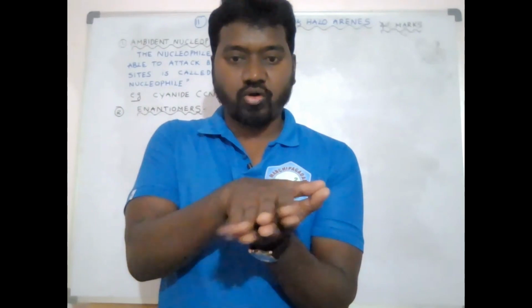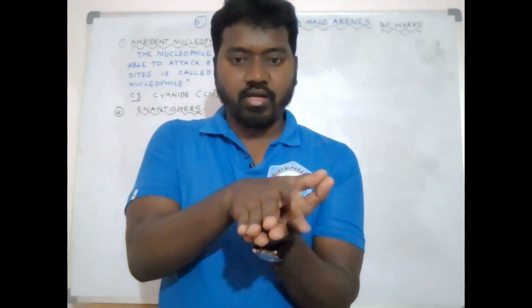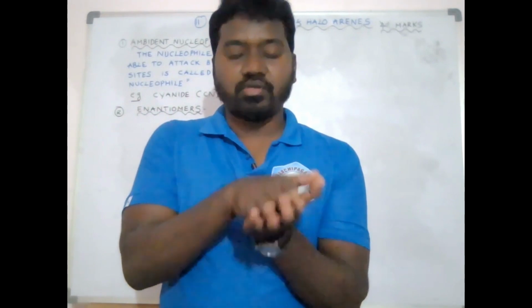Each one has the same arrangement as the other hand. Thumb, thumb, index, index, middle finger, middle finger, all of them are matching. So this is called superimposable mirror images.